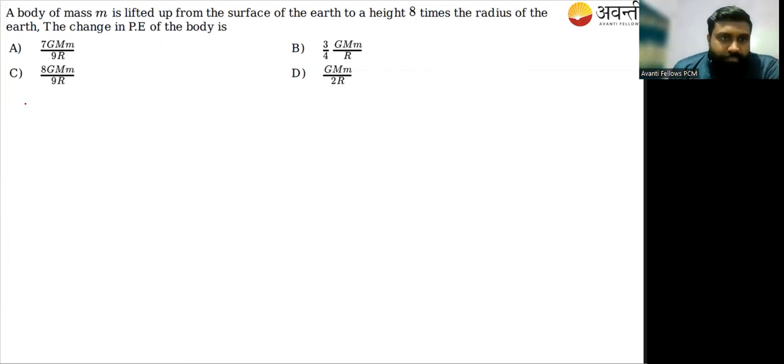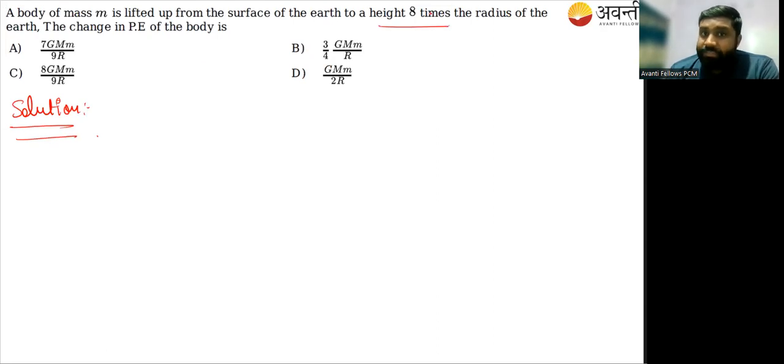Now, the solution of this question: because the height is given as 8 times from the surface, you will think in terms of mgh, or mg' h, and that will definitely confuse you. Whenever any question confuses you, go from the very basics.